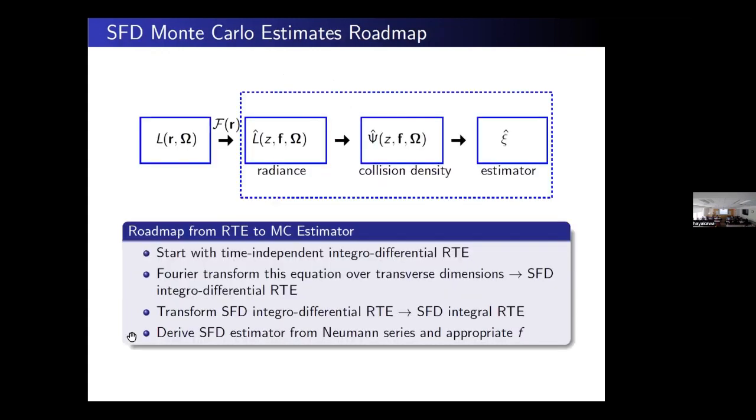Before the method I'm about to describe was derived, the way people would get spatial frequency domain results is that they would get spatially resolved results, and then apply a discrete Fourier transform and use that as the spatial frequency domain results.